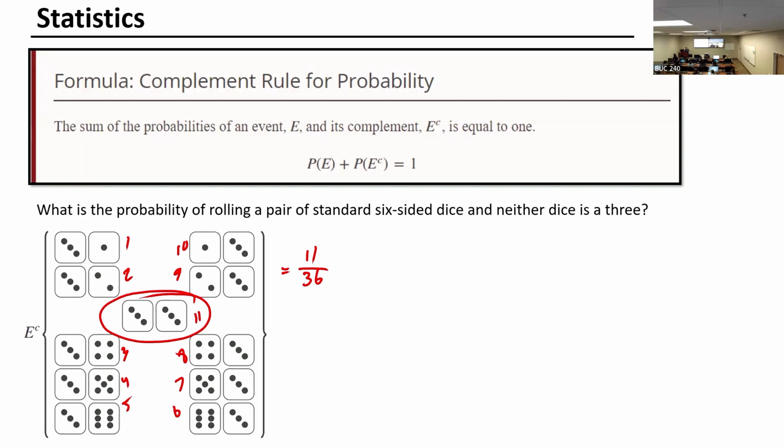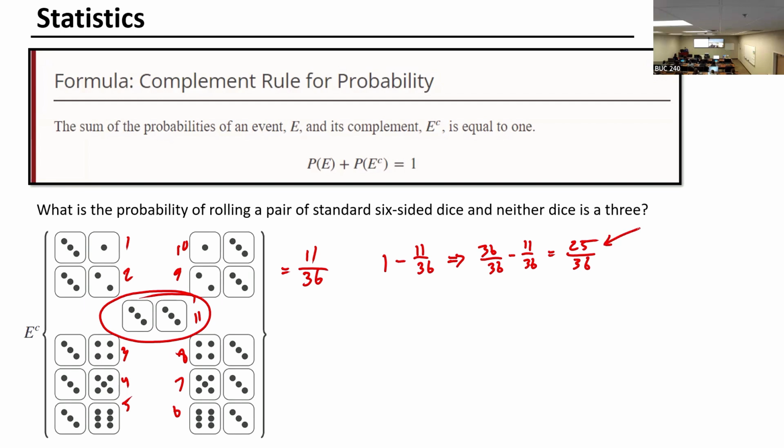So to find what I'm looking for, I'm just going to go 1 minus 11 over 36. Or, like Sabrina said, 36 over 36, simple math, right? So we just go 36 over 36 minus 11 over 36. Well, that gives us 25 out of 36.